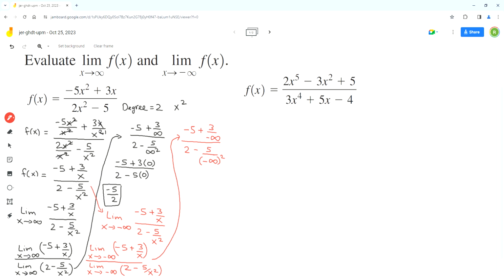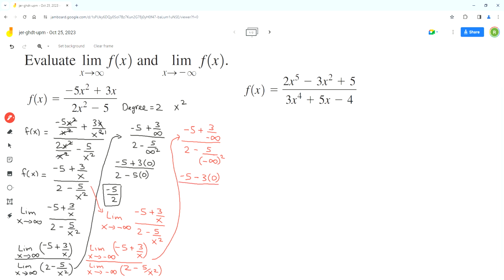In the numerator, we have negative 5, and the negative infinity in the denominator makes the fraction become 0, so it becomes minus 3 times 0, because with infinity in the denominator, that's 1 over infinity, which is equal to 0.